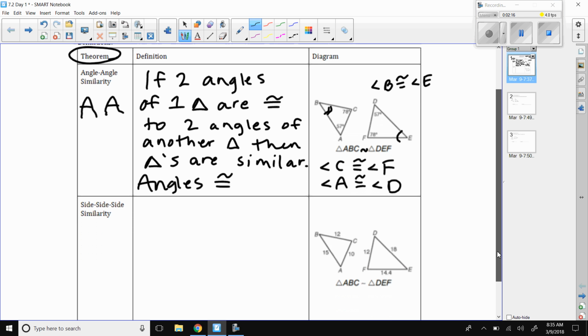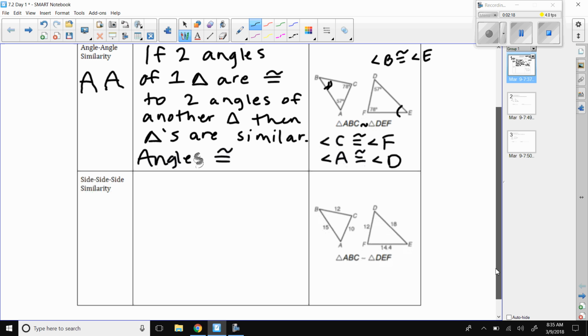The other one we're going to talk about today is side similarity. This one is just like our congruence one, where when all of our sides are congruent, the triangles are congruent. Here all the sides are similar, so they are going to create some sort of proportion.